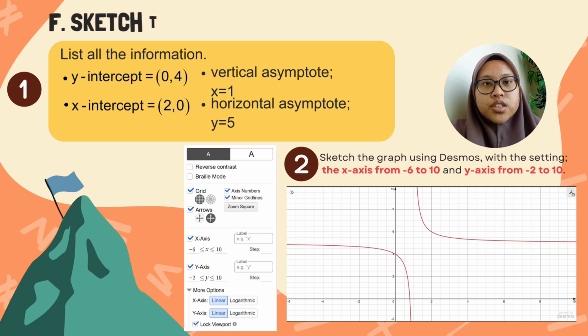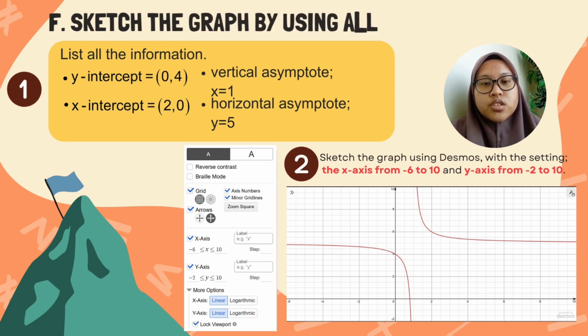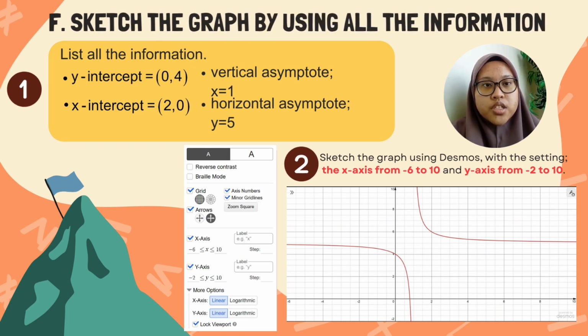Last one, for this question, we have to sketch the graph by using all the information. The first step, we have to list all the information, such as y-intercept, x-intercept, vertical asymptote, and horizontal asymptote. So we got y-intercept is (0, 4), x-intercept equal to (2, 0), vertical asymptote is x equal to 1, and horizontal asymptote y equal to 5.